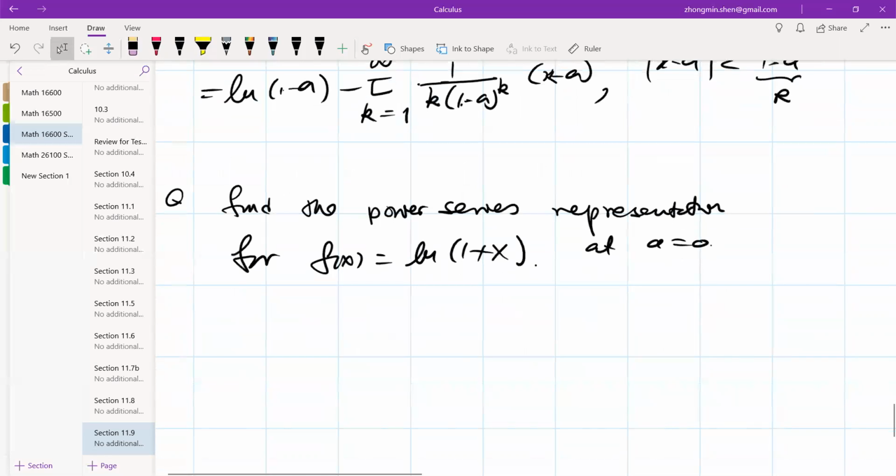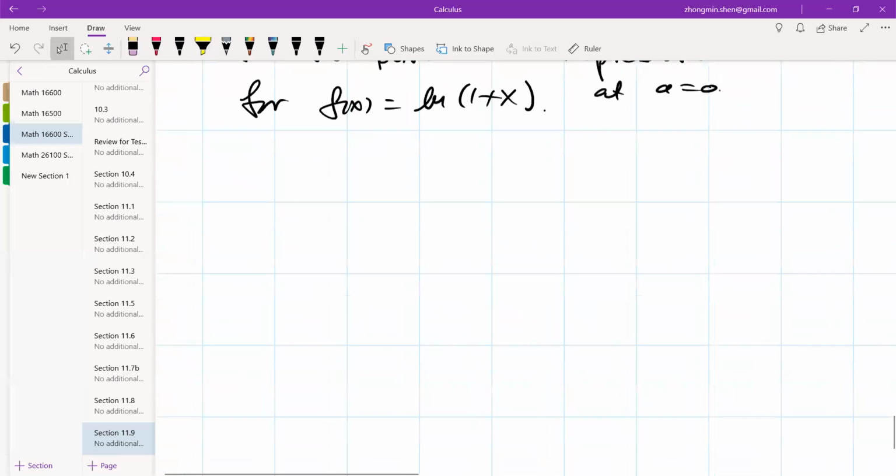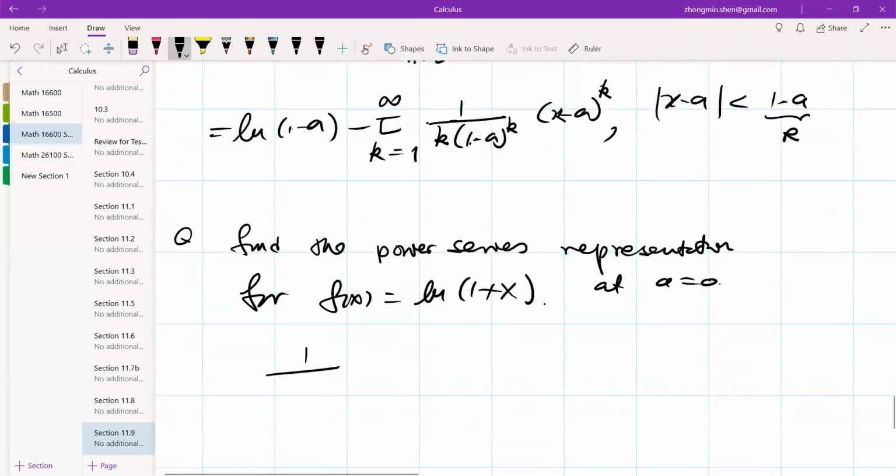Now here's the 1 plus x. How to do that? We know the power series representation, right? We already know that natural log 1 minus x is going to be negative the sum of x to the n plus 1 over n plus 1, for absolute x less than 1.